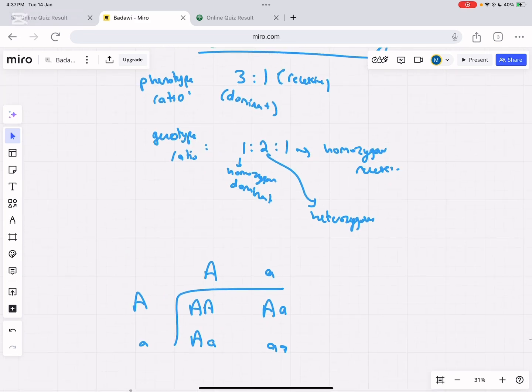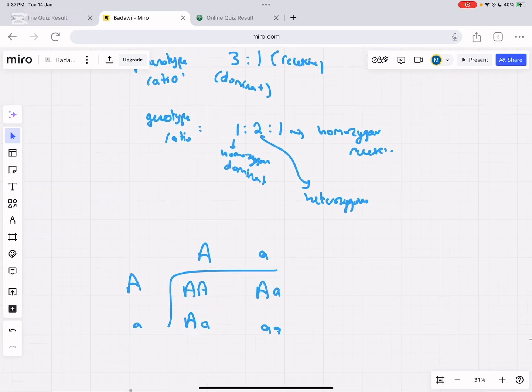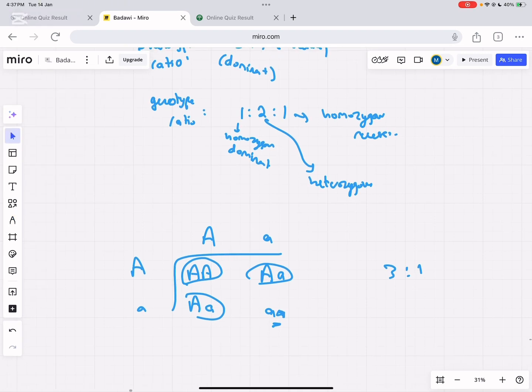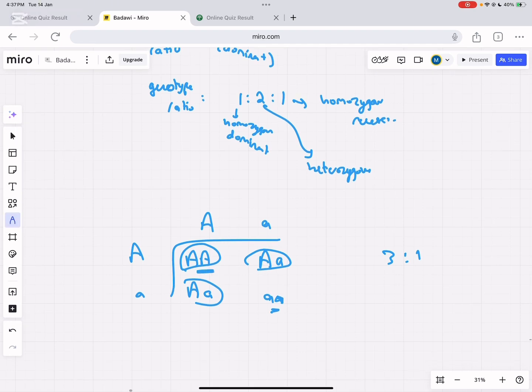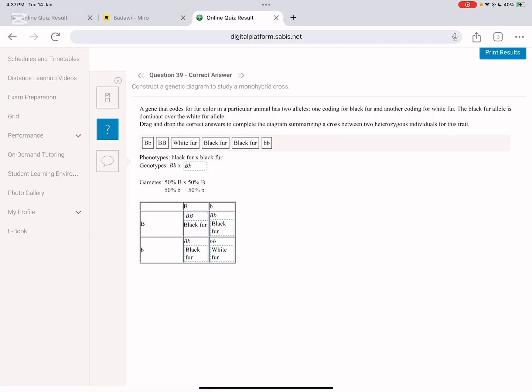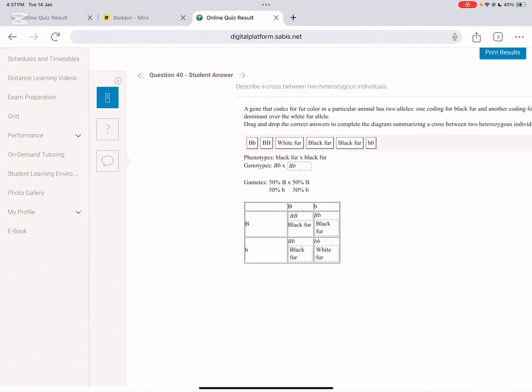Or first, we'll start with the phenotypic ratio. Dominant phenotype, dominant phenotype, dominant phenotype. So 3 dominant phenotypes, while I only have 1 recessive phenotype, so this is why the phenotypic ratio is 3:1. Now for the genotype ratio, I have 1 homozygous dominant, I have 2 heterozygous dominant, and I have only 1 homozygous recessive. And this is just an example of how we did it.